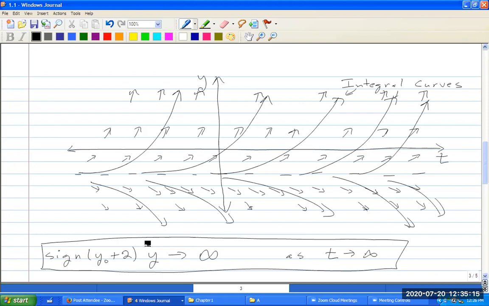So that's why I said it this way. If you're less than -2, then this is negative times whatever this is, goes to plus infinity. So negative 1 times y goes off to infinity. So it says that y goes to negative infinity if y sub 0 is less than -2. So this is your particular asymptotic behavior.